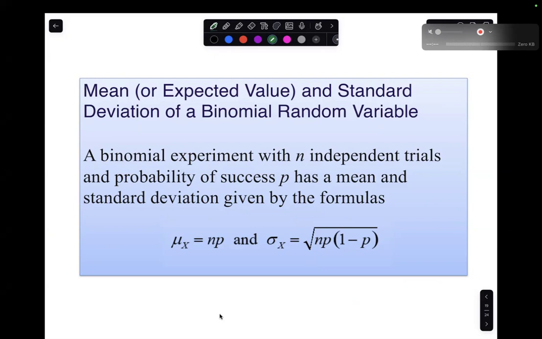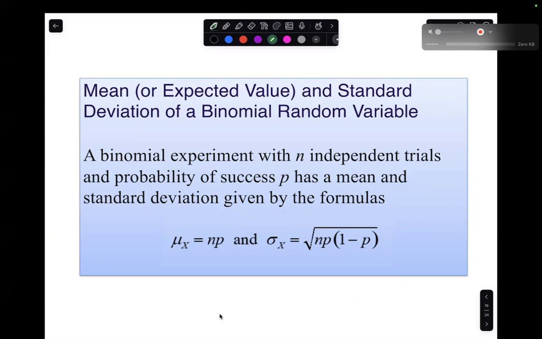We're still doing mean sub x, but this is a capital X. The way we calculate the mean or the expected value is just the number of trials times the probability of it happening. It makes total sense. If 41% of the households are wireless only households, you would expect 41 out of 100 to be wireless only. So it absolutely makes sense that that's our expected value.